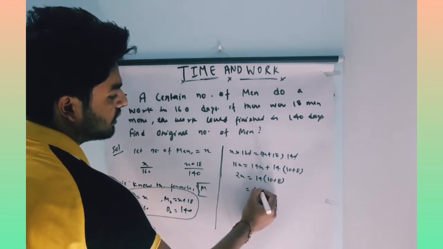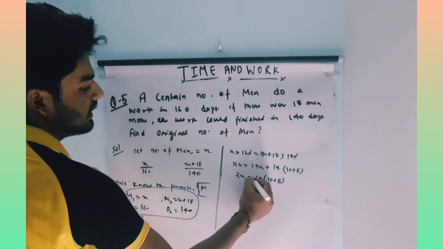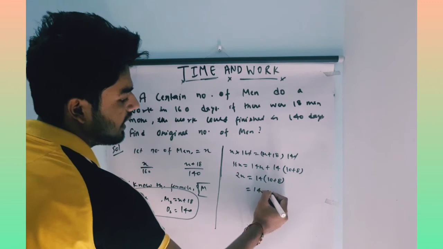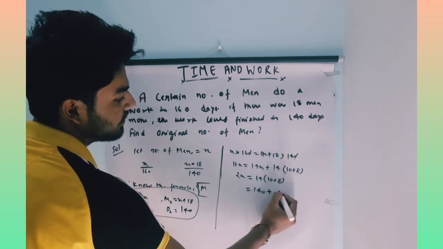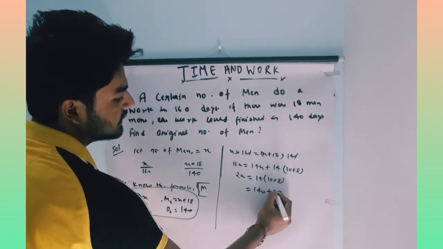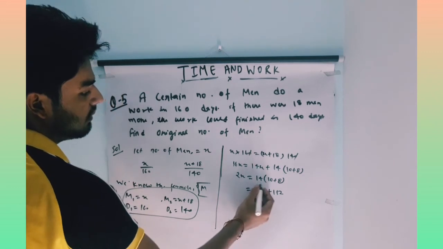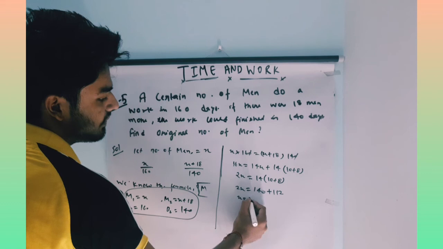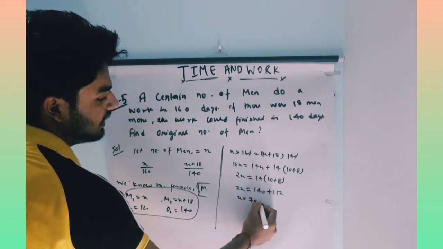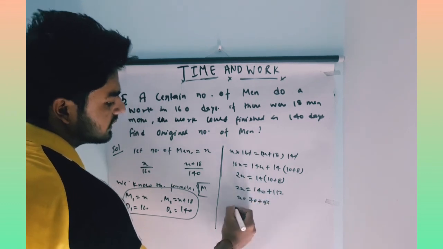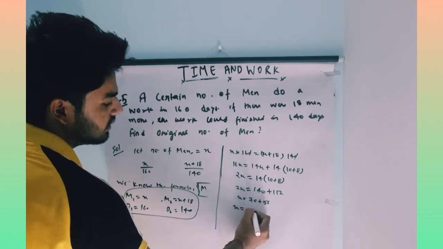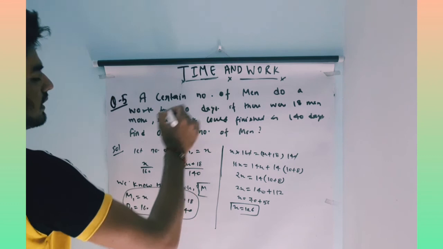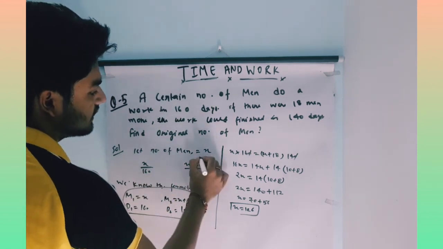We get 140 on multiplying 14 into 10, and we get 112 as 14 multiplied by 8. Now X is equal to 70 plus 56. So X is equal to 126. So the original number of men X is equal to 126.